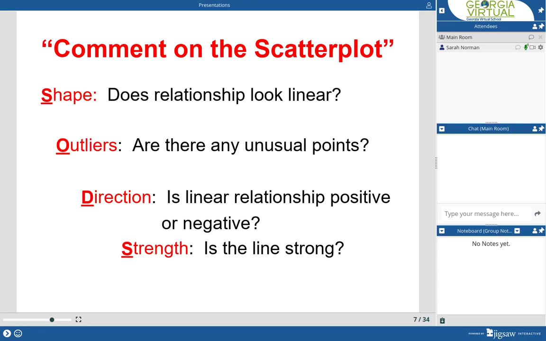Direction: is the linear relationship positive or negative? And then the strength: is the line strong, meaning does it go through most of the points pretty well, or are the points very far away from the line?